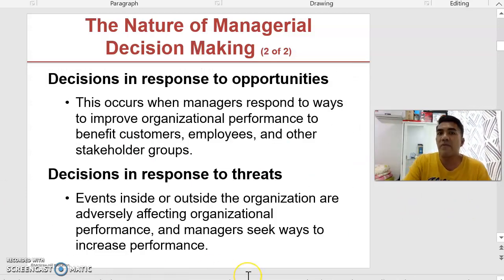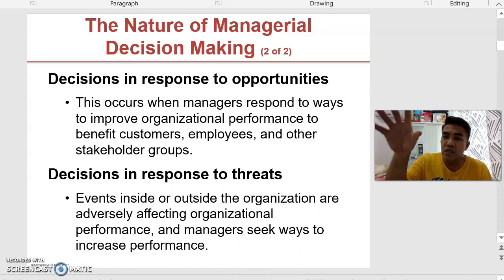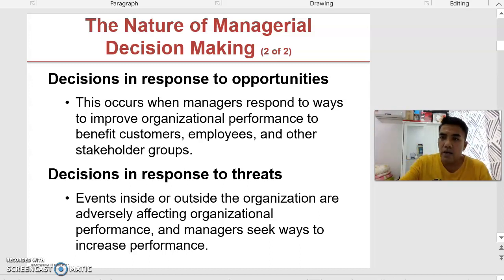So there are several natures of managerial decision making. Sometimes decision making is in response to opportunities. We need to tap on the opportunities. If we don't tap on the opportunities that have been confronted to us, we might lose the opportunity, or our competitor might tap on that particular opportunity. So we need to respond to improve organizational performance for the benefit of the customers, employees, and other stakeholders.